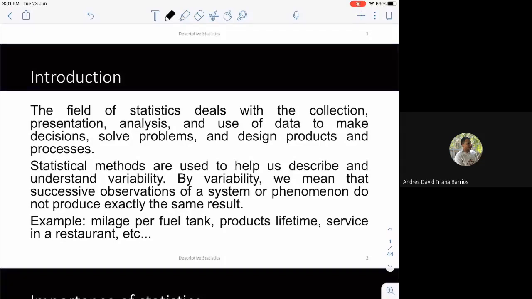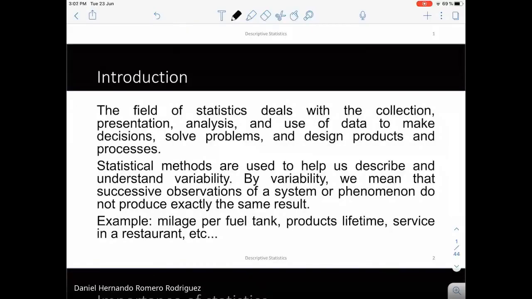So do you think that every time you go to McDonald's, the taste of the food is the same? Or it changes a little bit? Or even not just the taste of the food, but let's say the service. Do you think that the service is always the same?